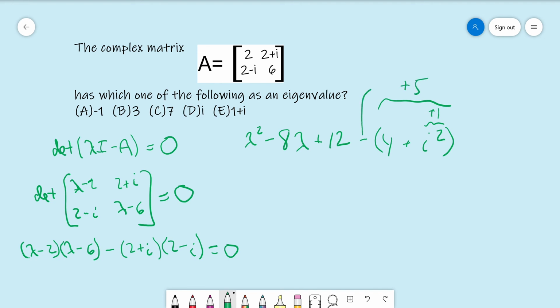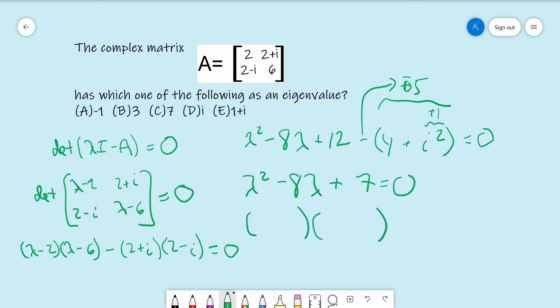And here we have a minus, so this is going to give us a minus 5. And 12 minus 5 is 7. So we can write this as lambda squared minus 8 lambda plus 7.